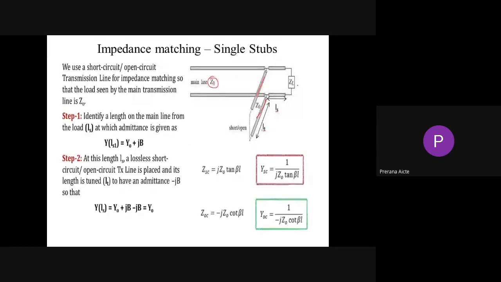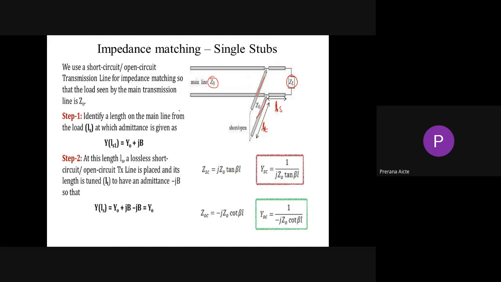Here we use only a single stub that is connected in parallel to the load Z of L. The length of this single stub is L of T and the distance from the load is L of S. That is the length of the stub from the load, and L of T is the terminal length of the stub.